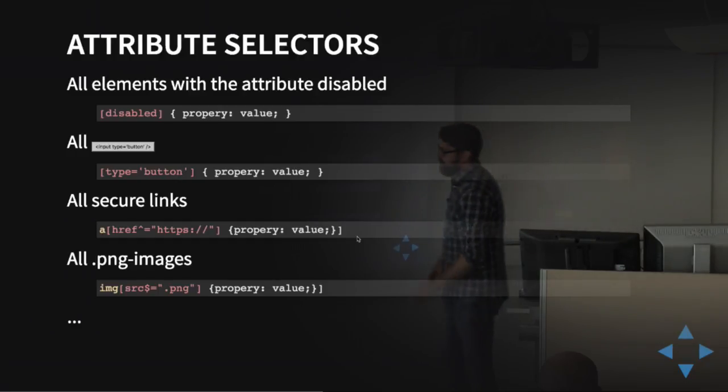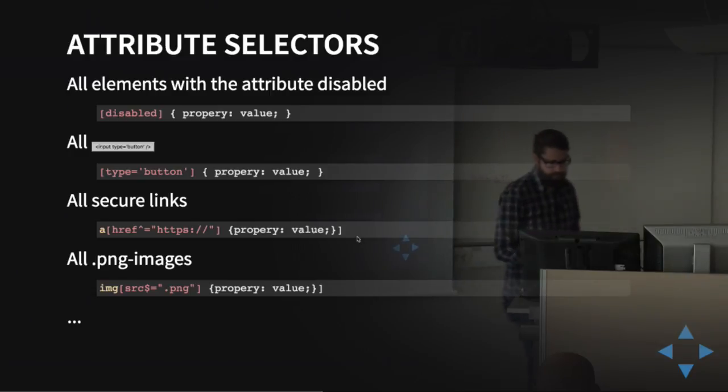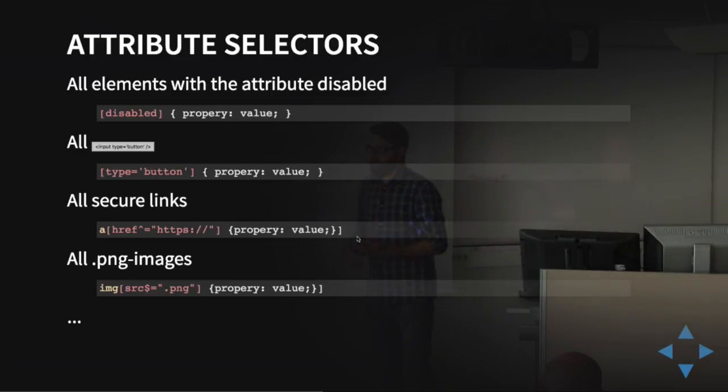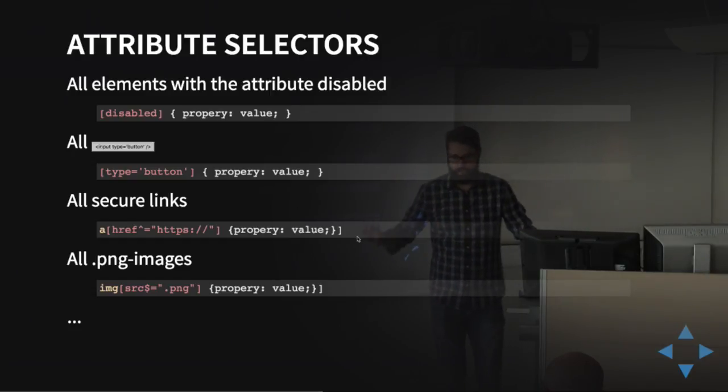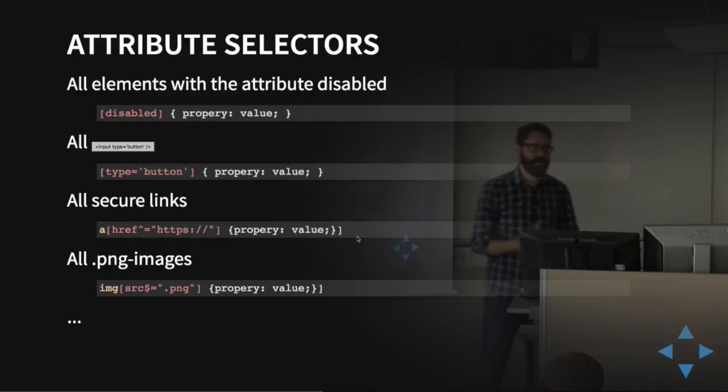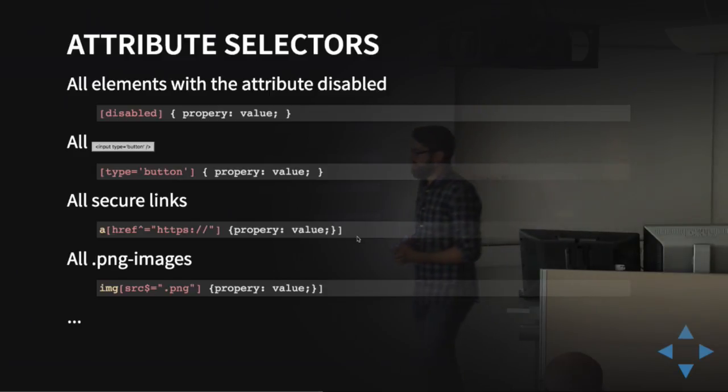Okay, I will just mention this so that you know that you have the possibility to do this. You could always select things based on their attributes. This is kind of a little bit newer than the older ones. IDs and classes have been there forever. This is a little bit of a more modern way of doing things.